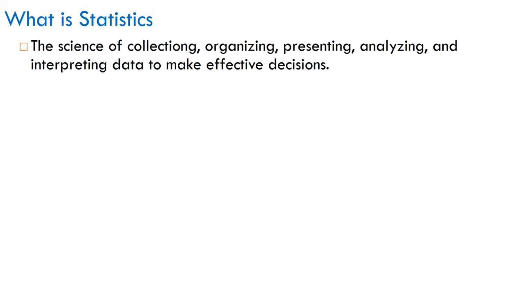It starts from organizing your experiment, and then you collect the data, organize the data, present your data, analyze them, and interpret them. Based on the interpretation, you can make the decision. That's the main goal of your statistical experiment.